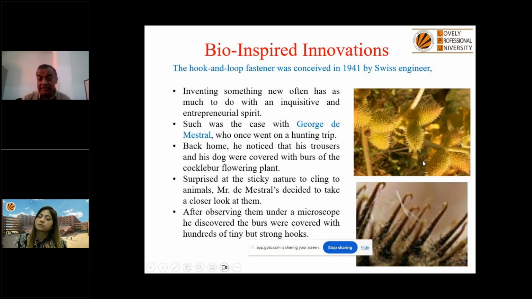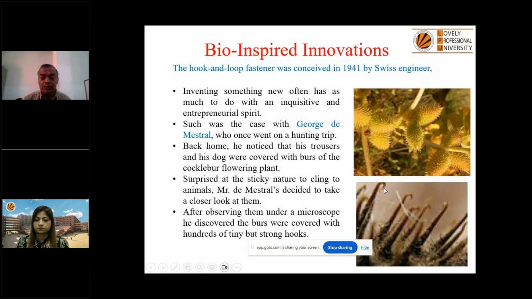So he came to know this has a very good sticking nature. So he studied its texture microscopically. He found that there are small hooks outside the main body of this. So he created the very well known Velcro.